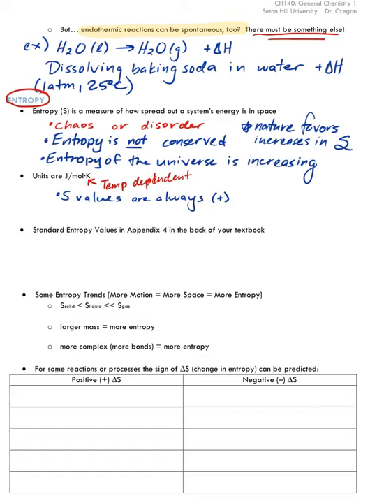Nothing has a negative entropy value. Now, I'm talking about an S value specifically. This is going to change when I start talking about change in entropy, or delta S. So for S, absolute entropy, the values are always positive. And the values are relatively small, at least compared to enthalpy.